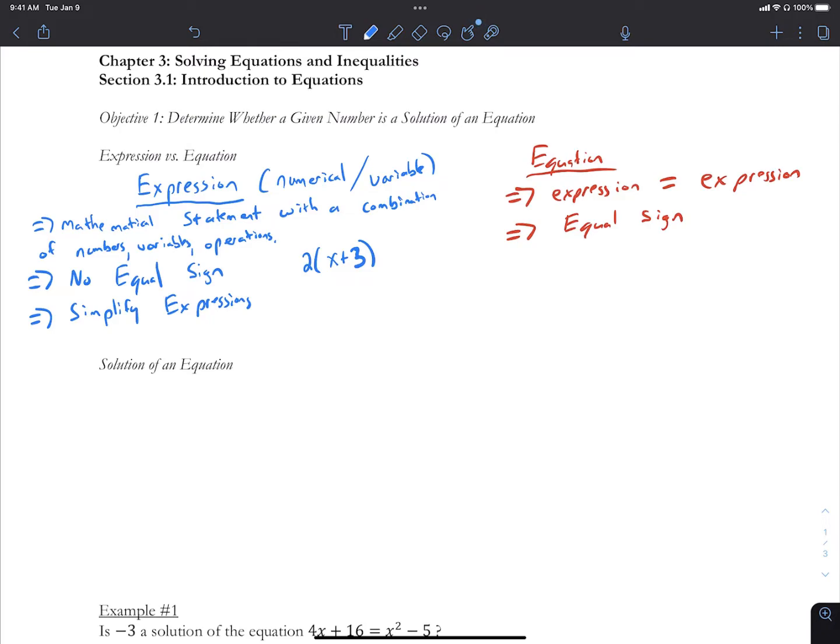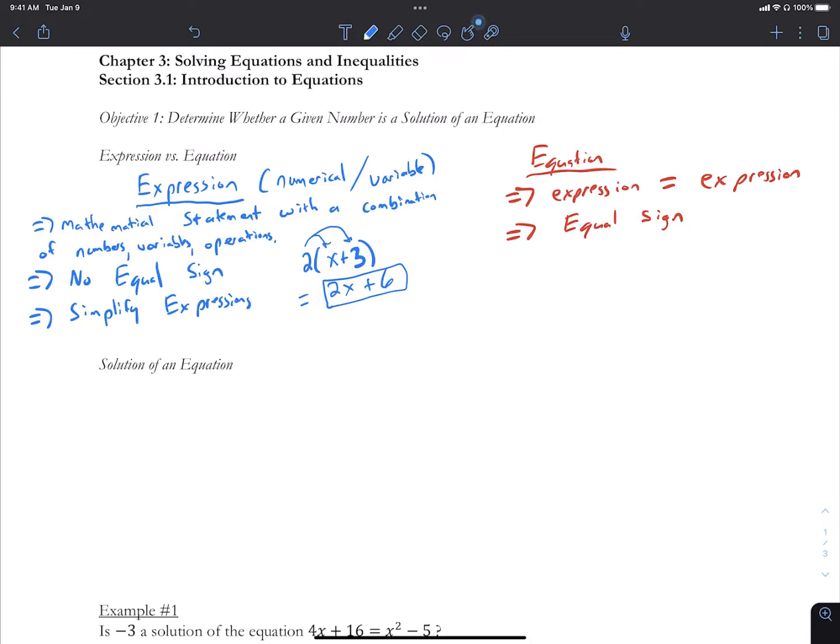It's a combination of numbers, variables, and operations, and there's no equal sign. So we can simplify this expression by distributing the 2 through, by using the distributive property. So this would give me 2x plus, and then 2 times 3 is 6. So this is the simplified form of the expression 2 times x plus 3.